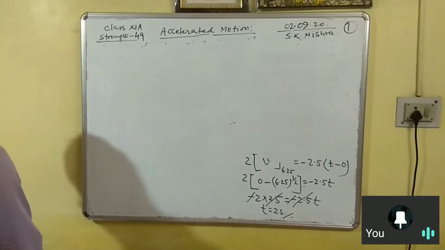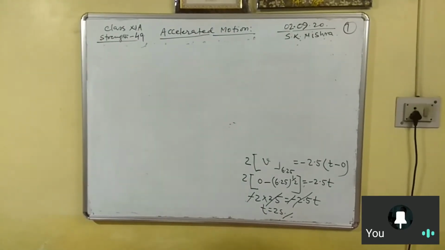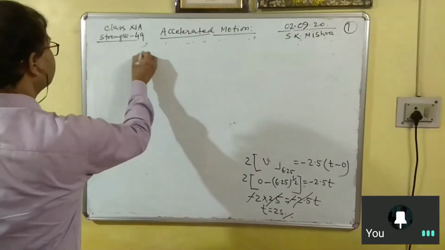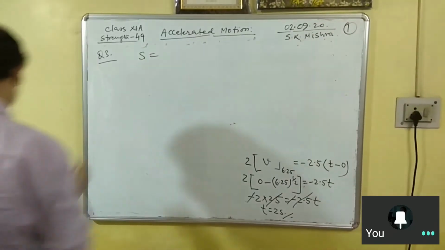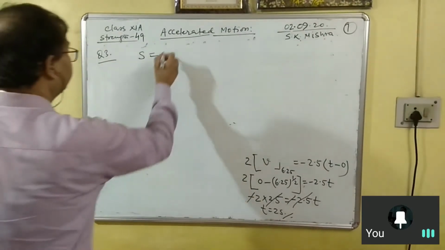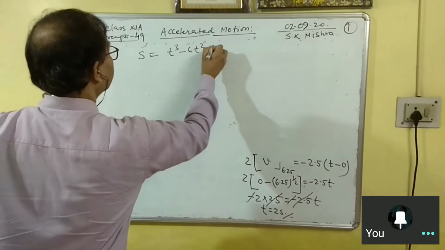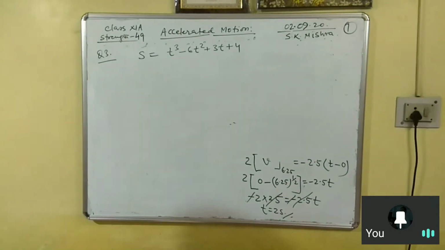So first we are dealing with this: a particle moves along a straight line such that its displacement s at any time t is given by s is equal to t cube minus 6t square plus 3t plus 4. This is the relation. This is in meters.